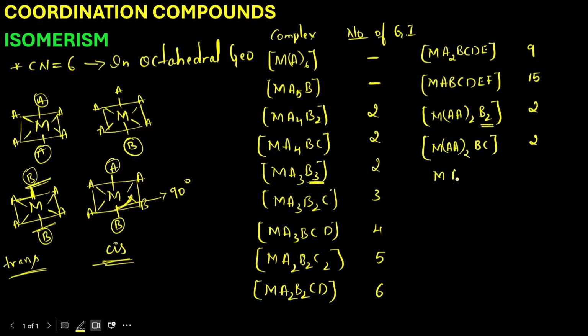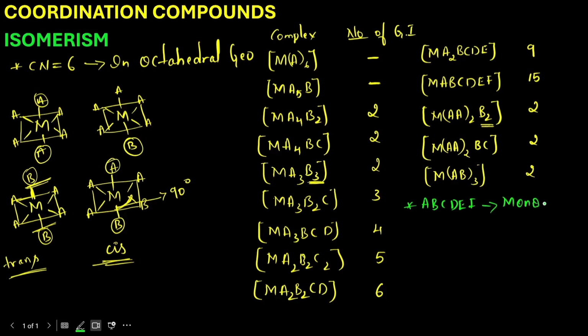If you consider M(AB)3 type of complex, the number of geometrical isomers possible is 2. Here you have to note down that A, B, C, D, E, F are monodentate ligands.